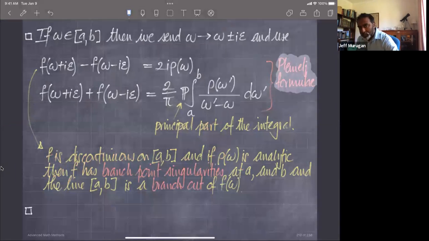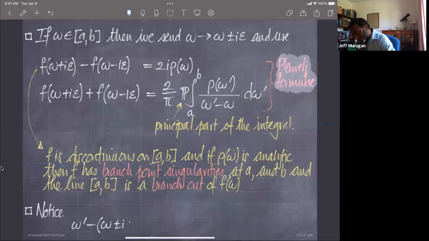Okay, so let's notice the following. The problematic piece of the integral that we're concerned with: I'm going to give omega a slight imaginary piece, remember? So this integrand looks like one over omega prime minus omega plus or minus i epsilon. And I'm going to write it as follows. This is just reorganizing the fraction in a particular way.